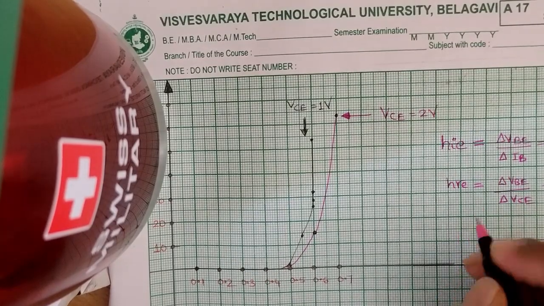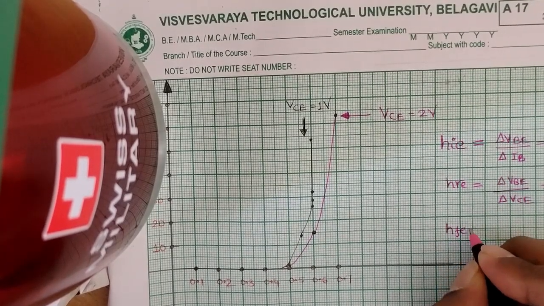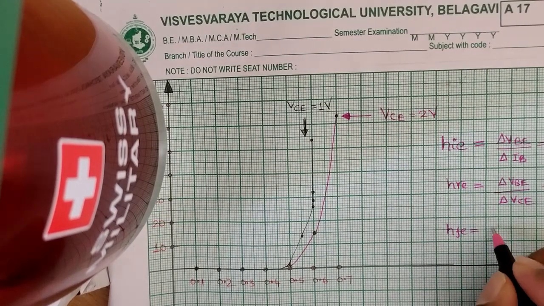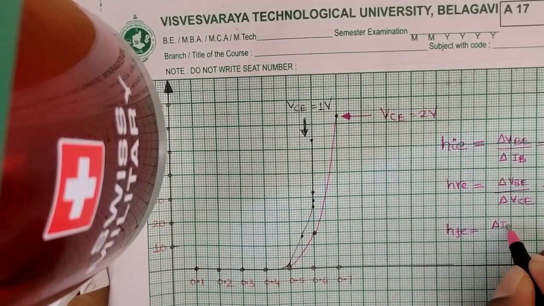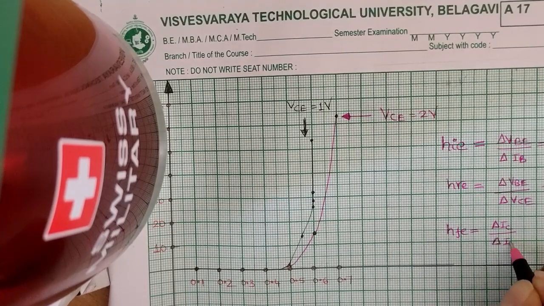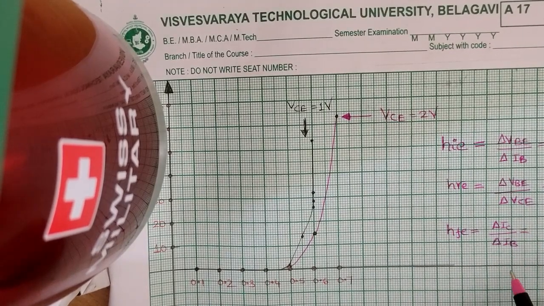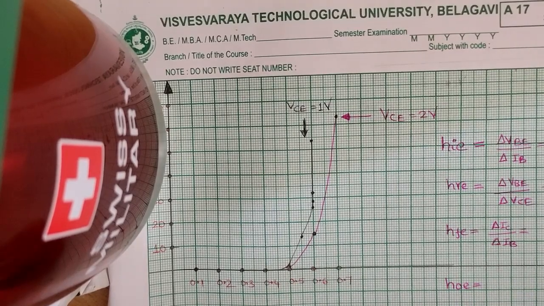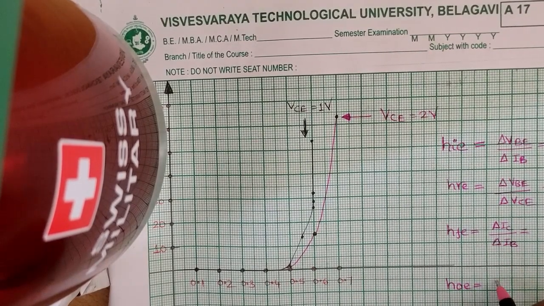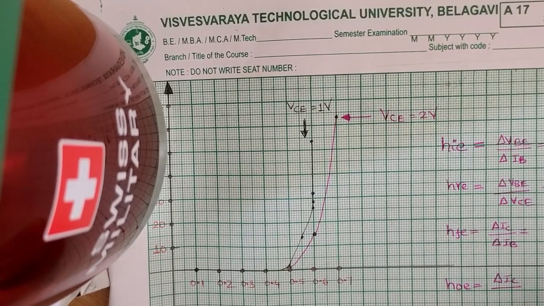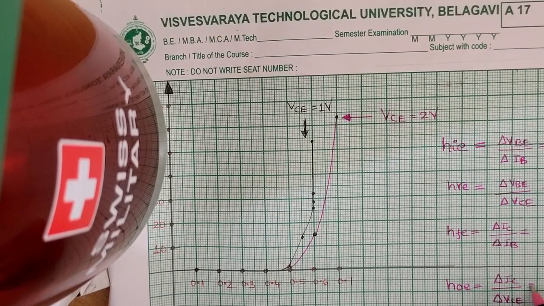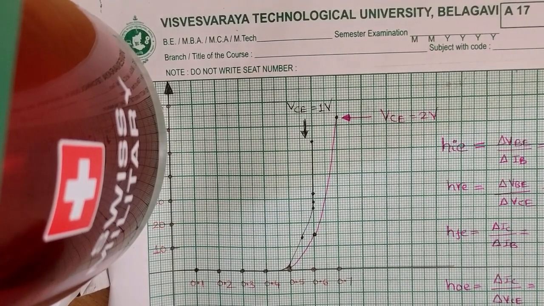Next we have the current gain, HFE. HFE is the forward current gain, that is the ratio of output current delta IC to the input current delta IB. And finally we have HOE, which is basically the admittance, the ratio of output current to the output voltage, VCE. So this is what we are supposed to find out.